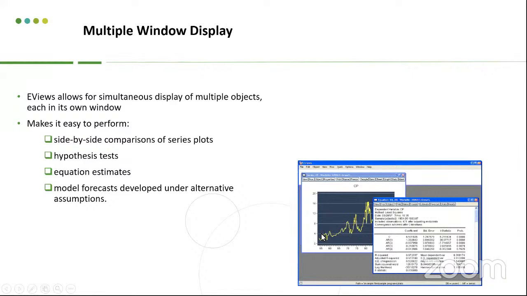So you can see the plot and compare it with the R-squared, or maybe you want to do some hypothesis testing and come out with some hypothesis like that. So it's a good thing to have multiple window display. Other than that, you can do equation estimation, hypothesis testing, and side-by-side comparison of series plots.